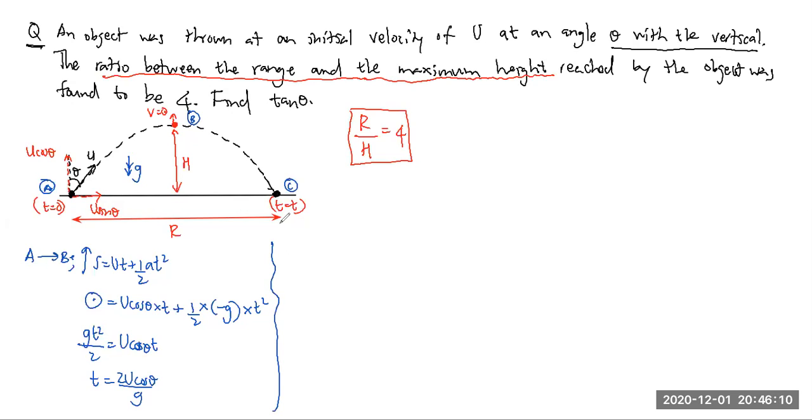And then horizontal range, from point A to point C. Let's apply the equation horizontally. And since you are ignoring air resistance, there won't be any horizontal acceleration.